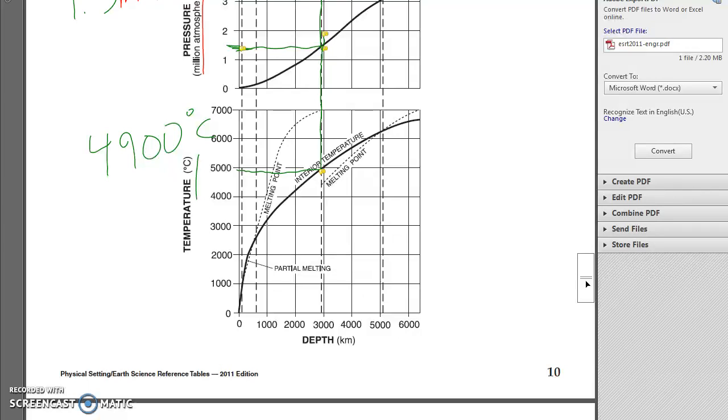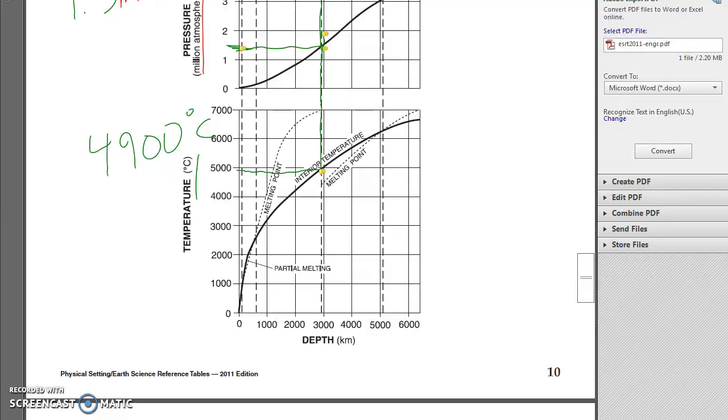Let's try something different. If you've ever heated anything up and wanted to melt it, for example, ice, the only way to melt ice is for you to heat it up so it reaches, hits, and then gets beyond, higher than its melting point. Melting point and freezing point are the same number. It's just a matter of whether you're heating or cooling.